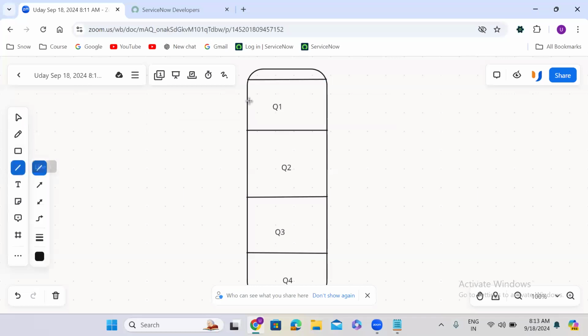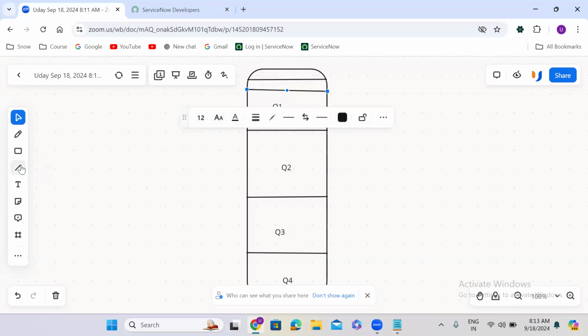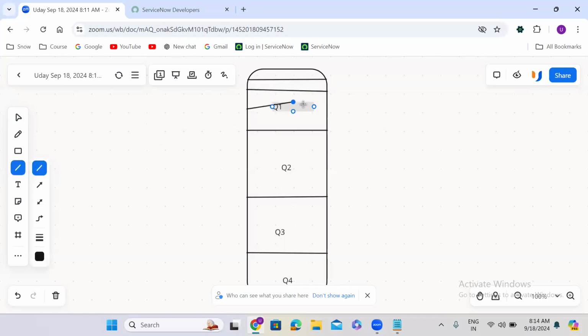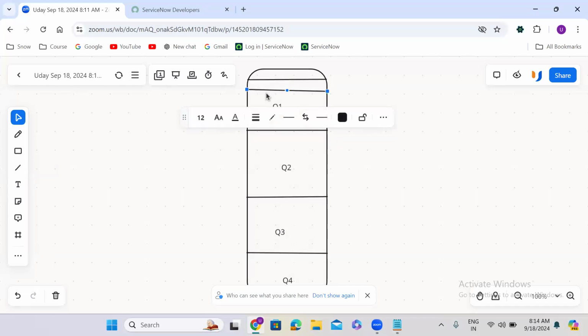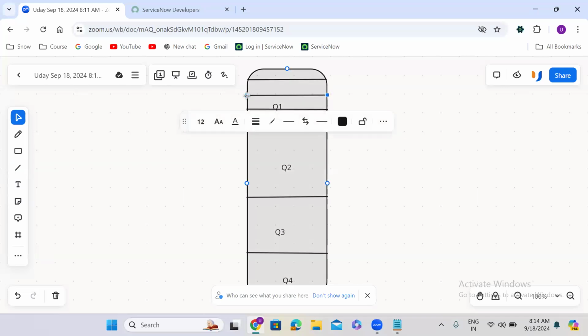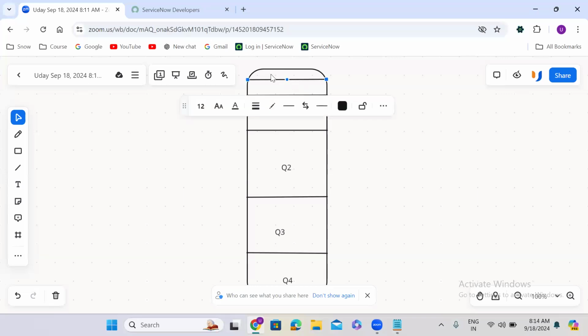One, two, three, four. Each quarter you divide into four parts. So each part is called a sprint, guys.